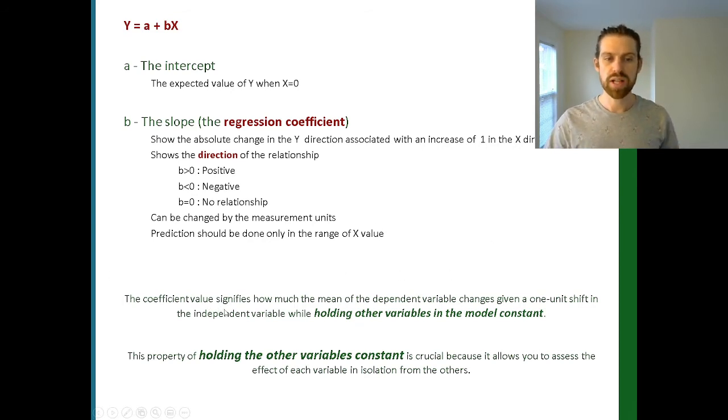So the coefficient value signifies how much the mean of the dependent variable changes given a 1 unit shift in the independent variable, holding all other variables in the model constant. Economists will call this ceteris paribus, basically with all things being equal. This idea of being able to hold some of the variables constant within the model while you look at the effect of each of the individual variables in isolation is critical.